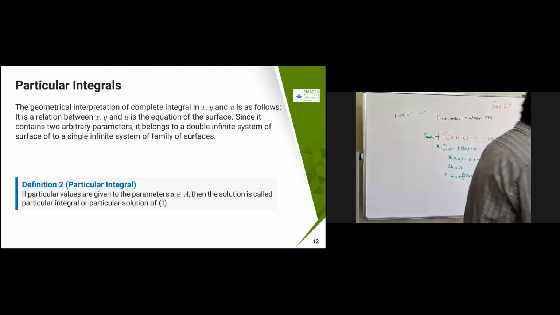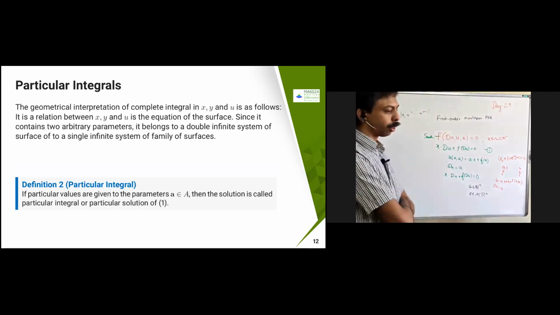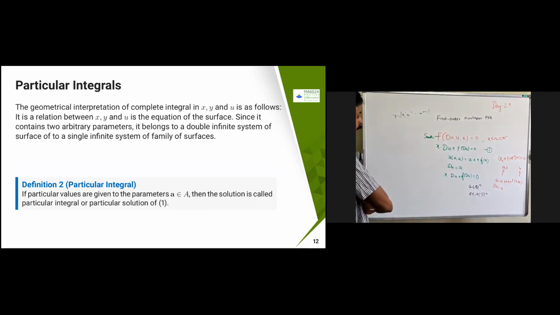The geometric interpretation of the complete integral. For example, if you stick to the two-dimensional case, take x comma y comma u, only three, or x comma y comma z, where z and u are the same. So what is this? If I say x comma y comma z, this is going to be a surface.